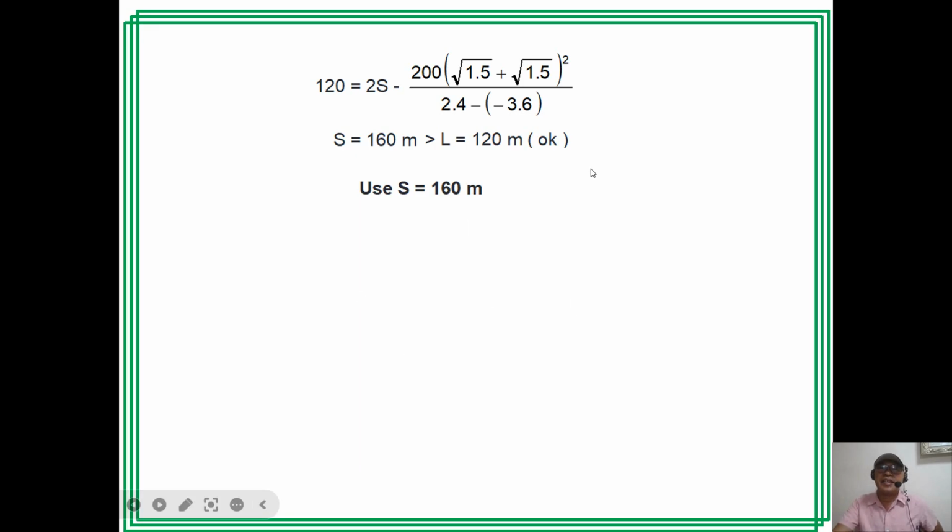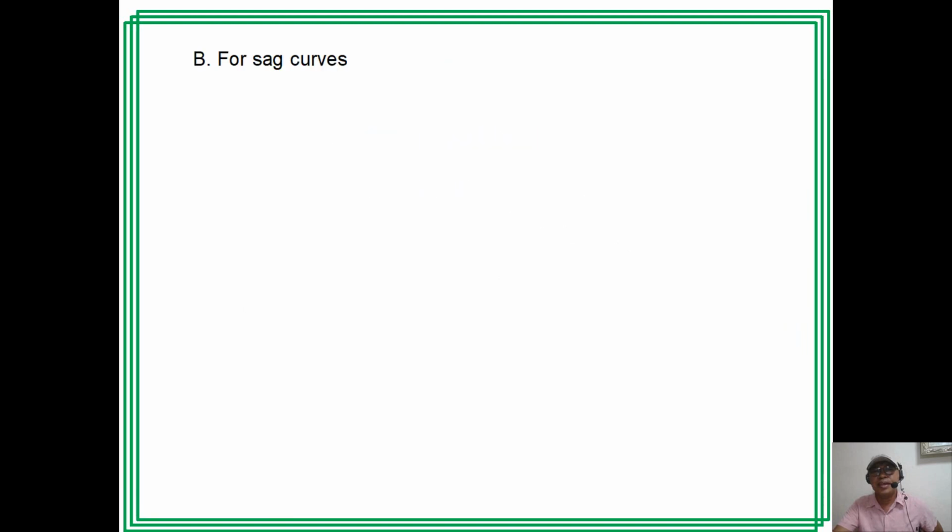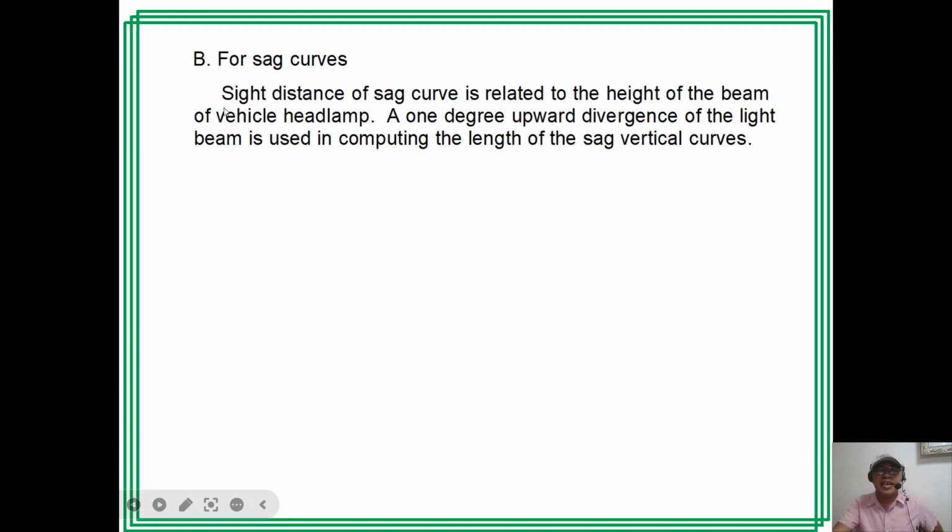Okay. So that is about stopping sight distance of vertical summit curves. How about for sag curves? So the sight distance of a sag curve is related to the height of the beam of the vehicle headlamp.